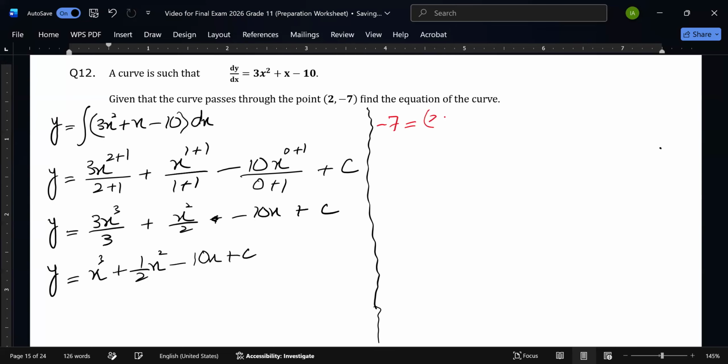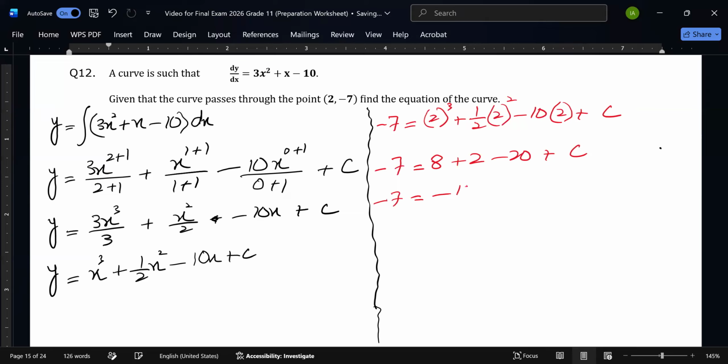So I substitute 2 in place of x in the equation. 2 square minus 10 times 2 plus c. So minus 7, this is 8, this is 2, and this is 20. So minus 7, and this is 10, this is minus 10.